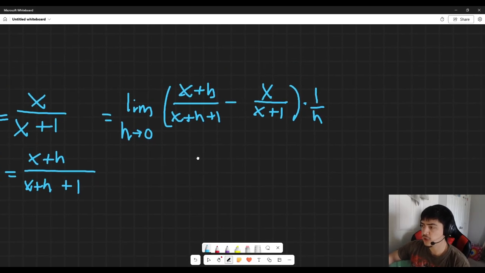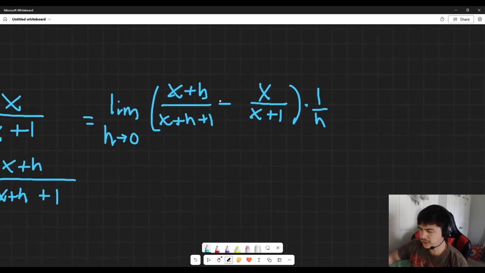Okay, so now we can't really simplify anything here, not yet, because with fractions we can't subtract unless we have the same denominator. This is an x plus h plus 1. This is an x plus 1. So to get common denominators, we're going to have to multiply each side by what the denominator is missing.